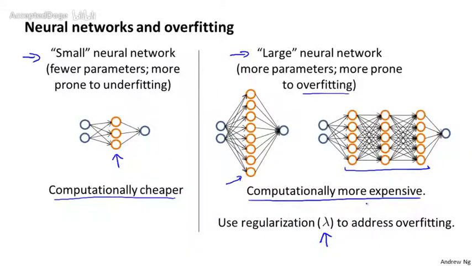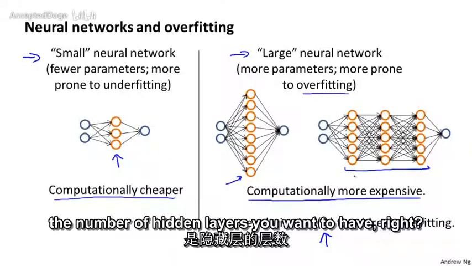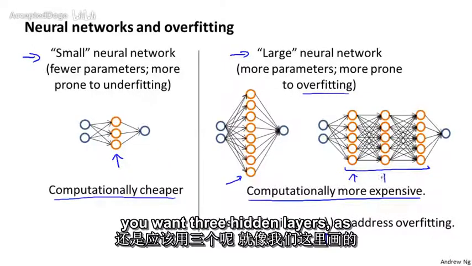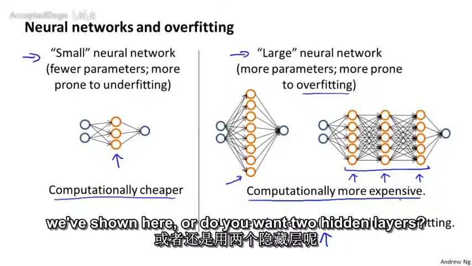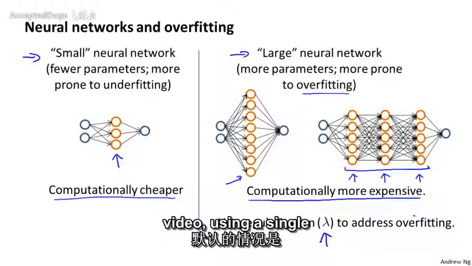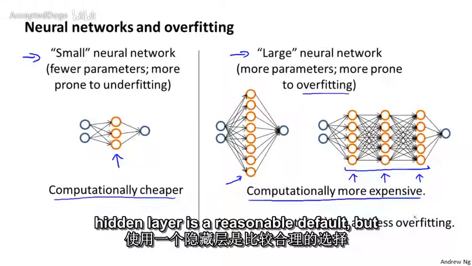And finally, one of the other decisions is the number of hidden layers you want to have. So do you want one hidden layer, or do you want 3 hidden layers as I've shown here, or do you want 2 hidden layers? And usually, as I think I said in the previous video, using a single hidden layer is a reasonable default.